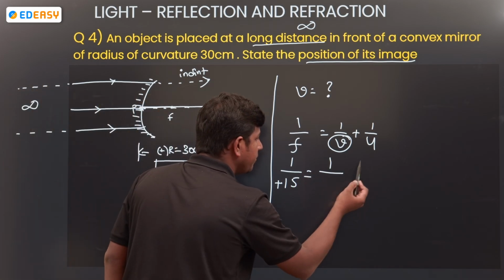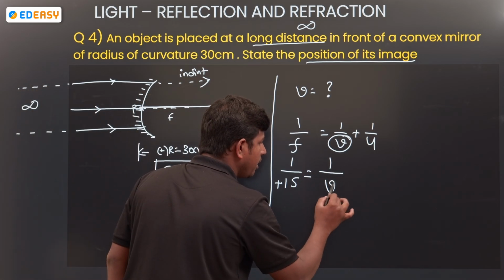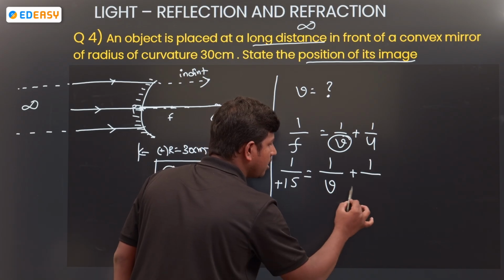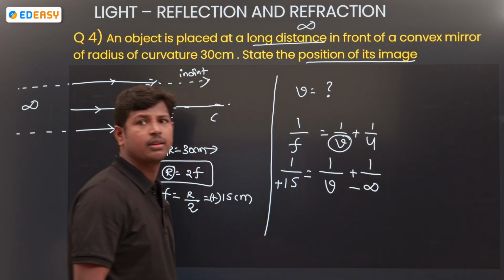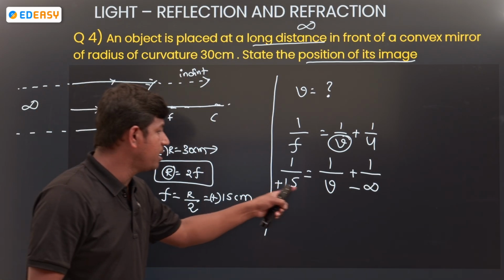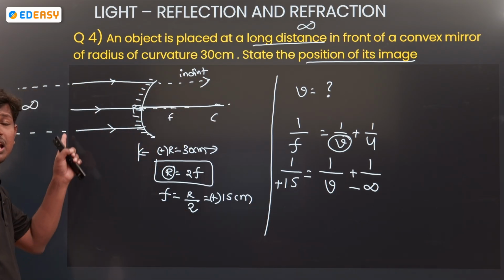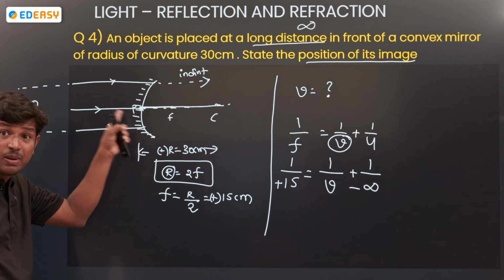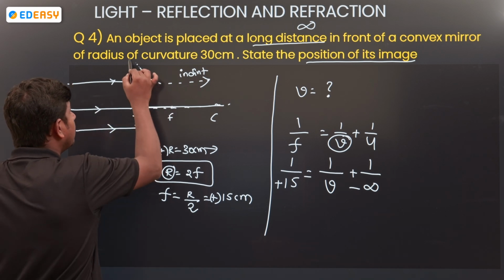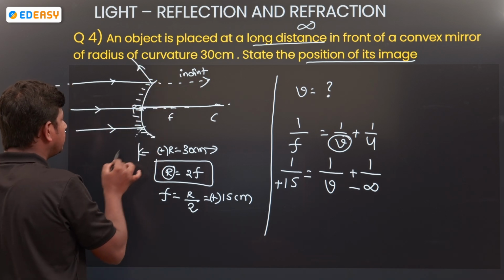Object distance is minus infinity. Then where is the image? The object is at infinity, so the image will take place at the focus.